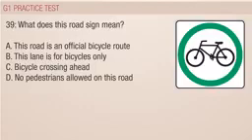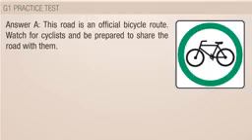What does this road sign mean? A. This road is an official bicycle route. B. This lane is for bicycles only. C. Bicycle crossing ahead. D. No pedestrians allowed on this road. Answer A. This road is an official bicycle route. Watch for cyclists and be prepared to share the road with them.